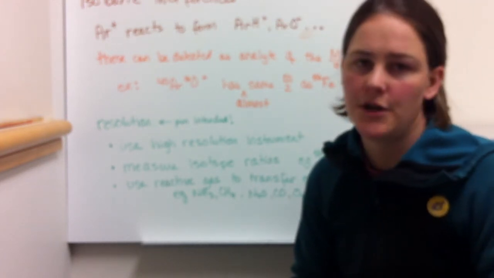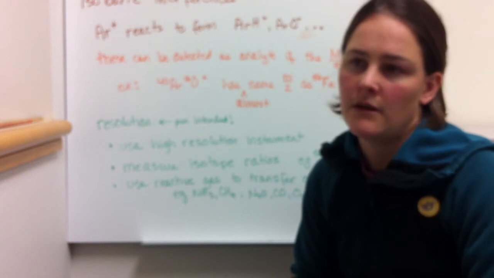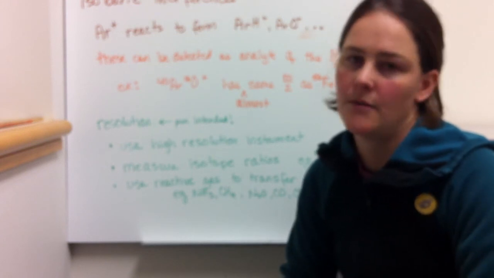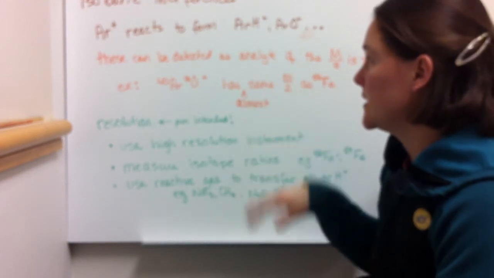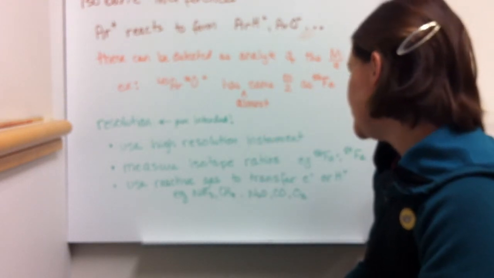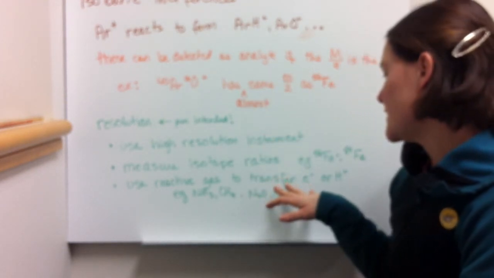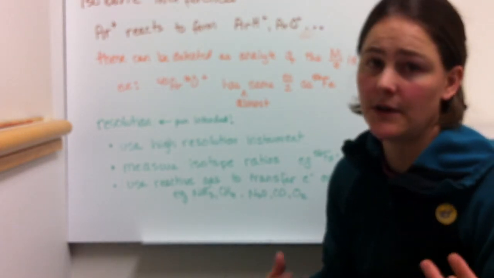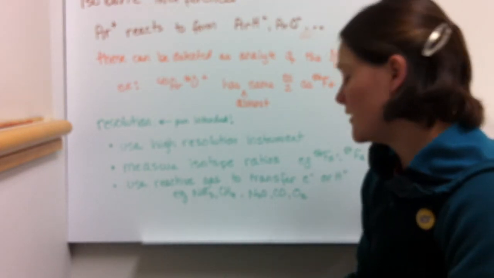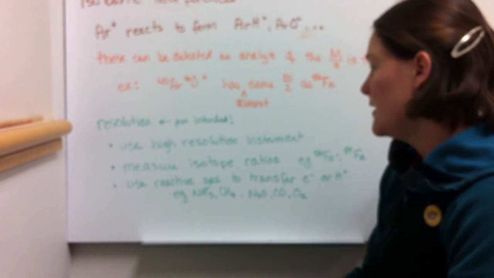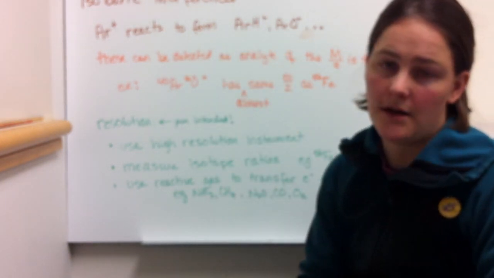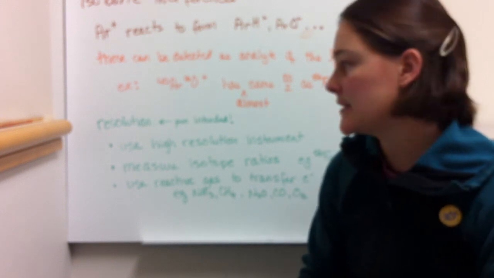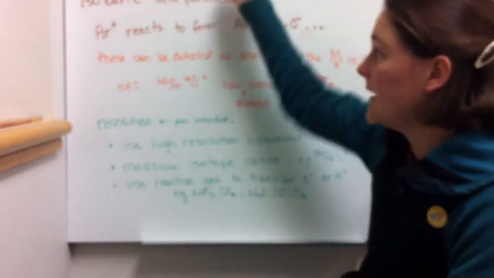We know those ratios from the periodic table, or people have figured that out. So you can tell if you have some isobaric issues going on. You can also use a reactive gas to try to transfer electrons and hydrogen or protons away from the argon in an effort to keep that minimized. So that's basically how that works.